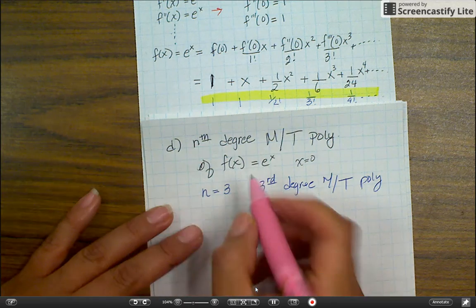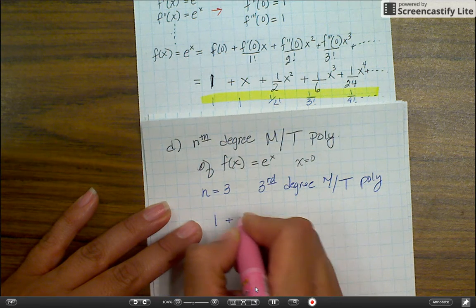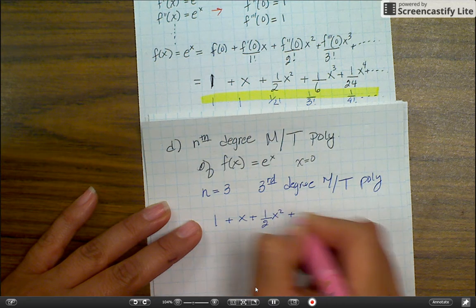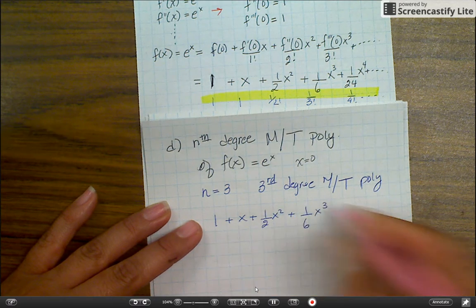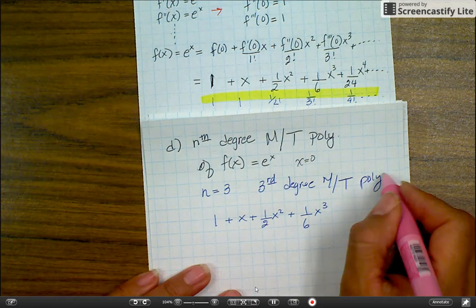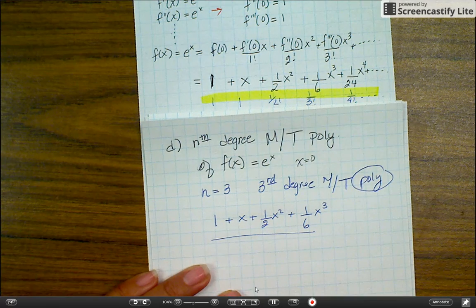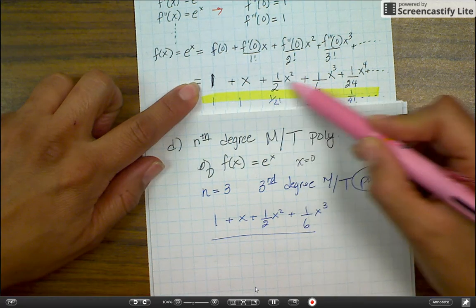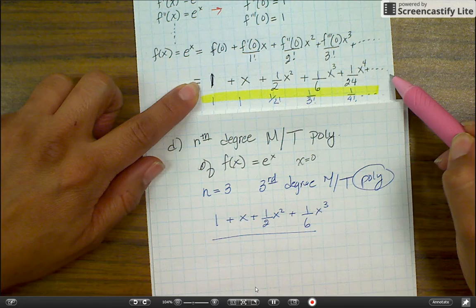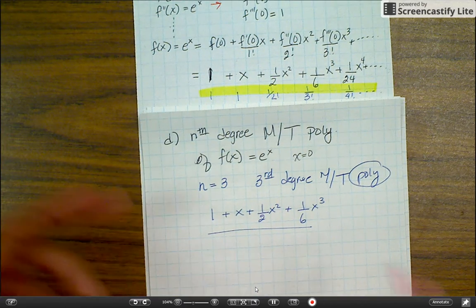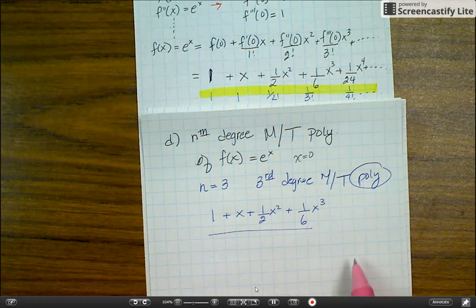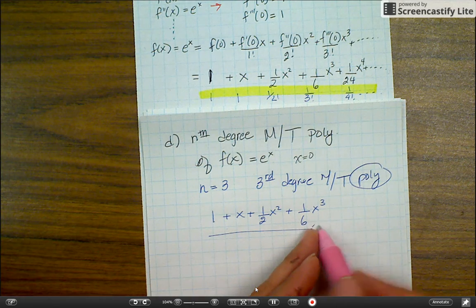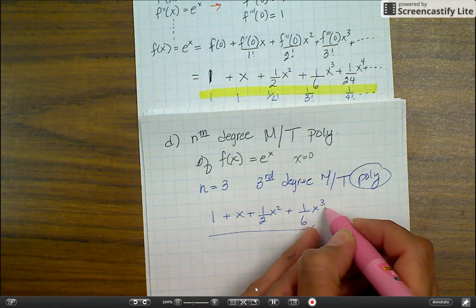What is that? That would be 1 plus x plus 1/2 x squared plus 1/6 x cubed. And we would stop there. A polynomial will have a finite number of terms. If I say series, then that is an infinite number of terms. But if I want a third degree polynomial, I will go all the way up to my term that has x to the third power.